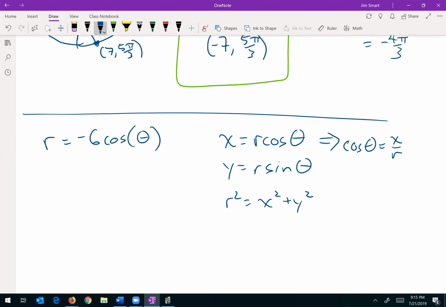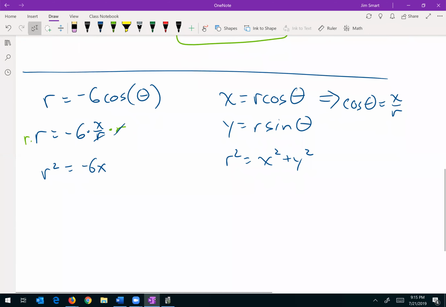Then I change cosine theta into x over r, so I've got negative 6 times x over r. Then I multiply both sides by r to cancel the r in the denominator. So now I have r squared equals negative 6x.